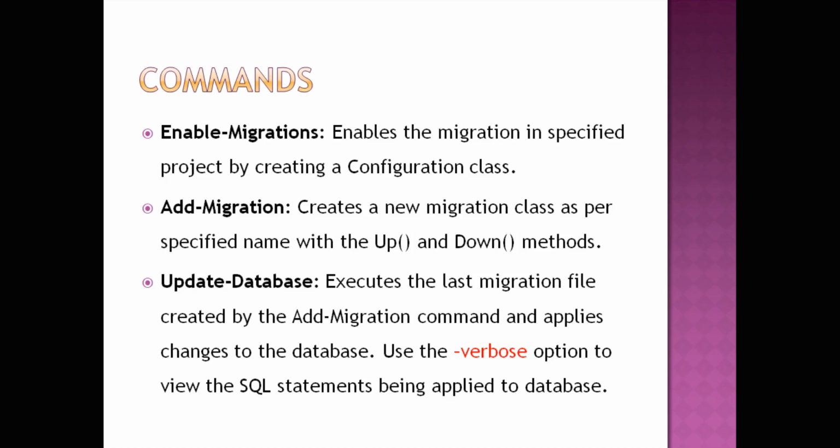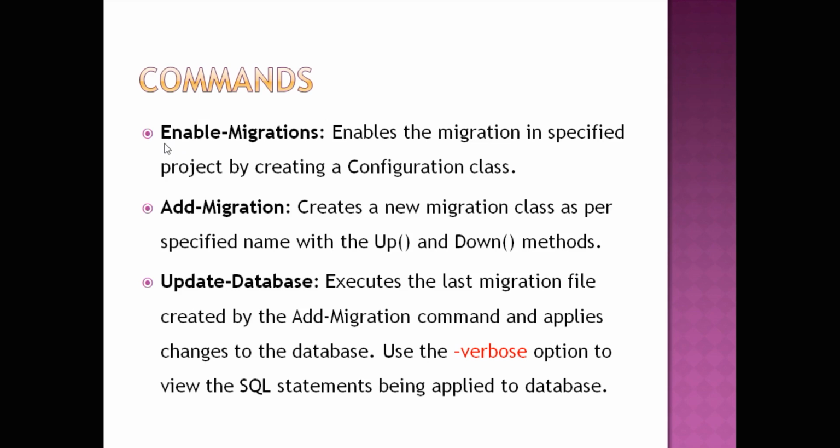But in case of code-based migration, you will just fire this command, and this command is used only initially, whenever you want to enable the migration. Next time whenever you are going to migrate anything to your database, you have to use the add migration and update database commands only.